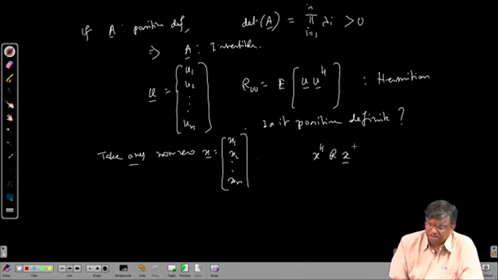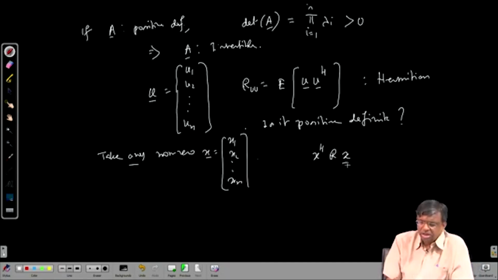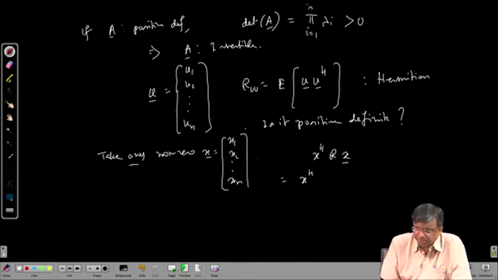We have seen earlier and just a while ago told that this is real. And if it is positive definite, this should be greater than 0, not just real, greater than 0. And if it is positive semi-definite, this should be greater than or equal to 0. So, let us investigate this. x^H R x, that is x^H E[U U^H] x.